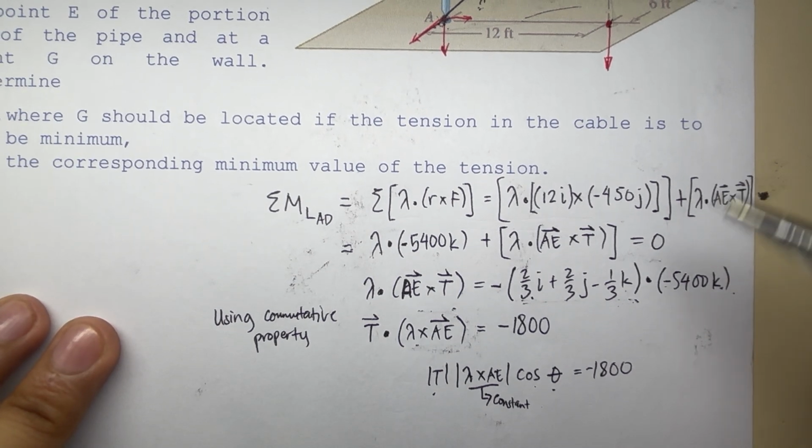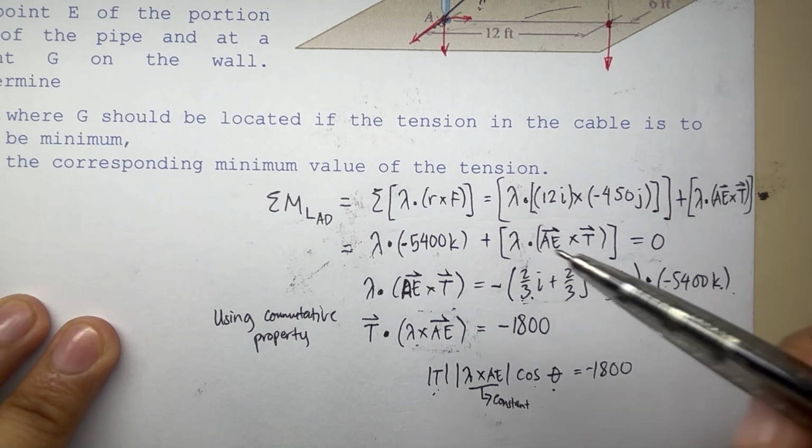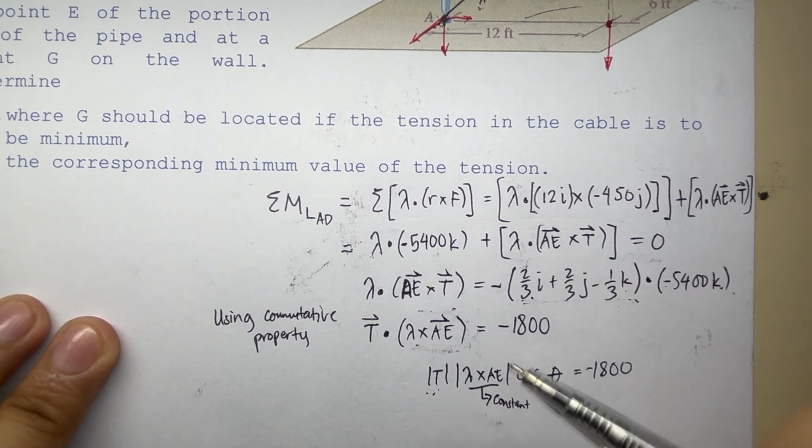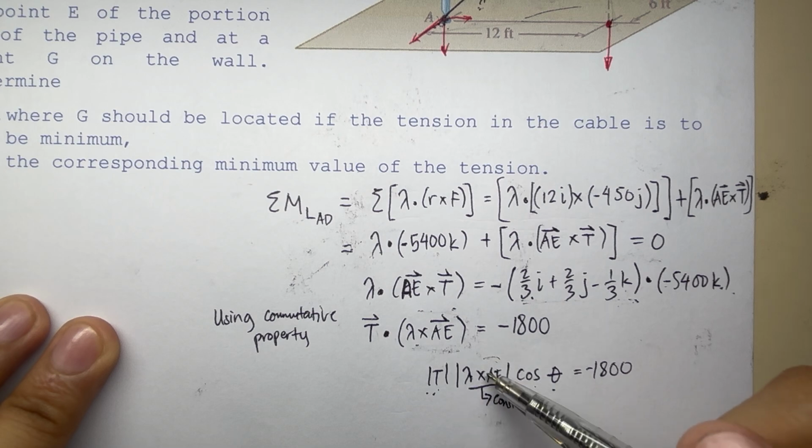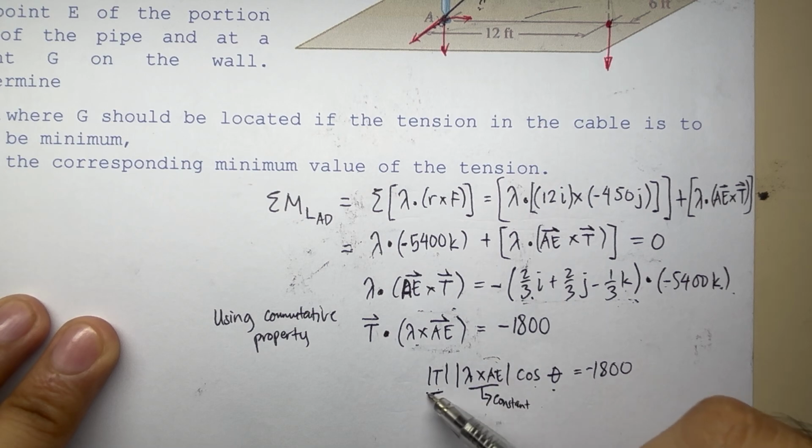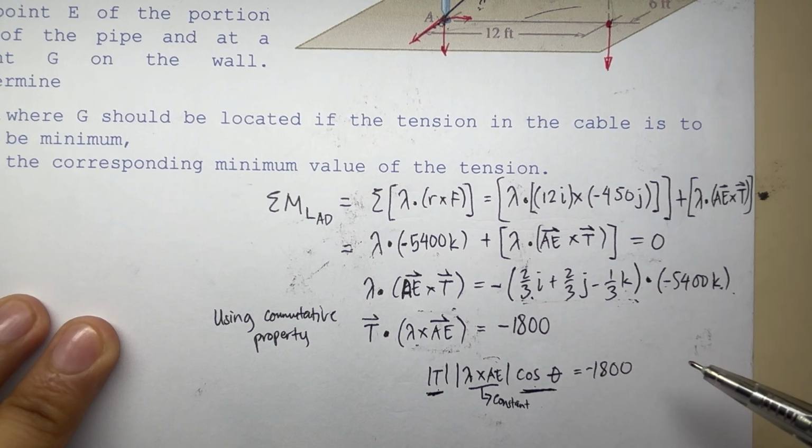What we want is for our tension to be minimum. Take note that since this part is constant, if we want to increase the value of our tension, we need to decrease the value of cosine theta in order to have the same value of 1,800 on the right hand side.